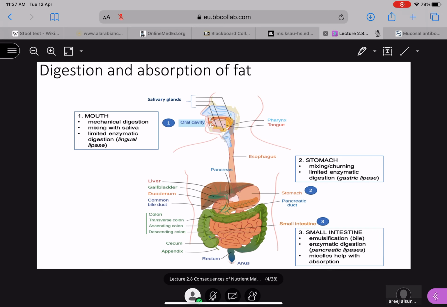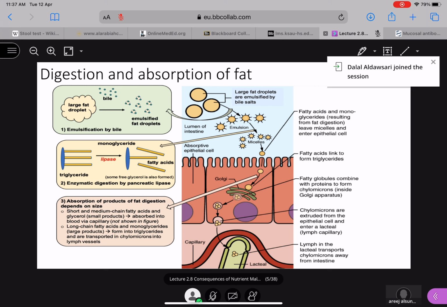However, we all know that the food does not stay long in the mouth, so this has only minimal effect on fat digestion. Then in the stomach, there is an additional 5% of the digestion by gastric lipase. But the main bulk of the digestion is in the small intestine.